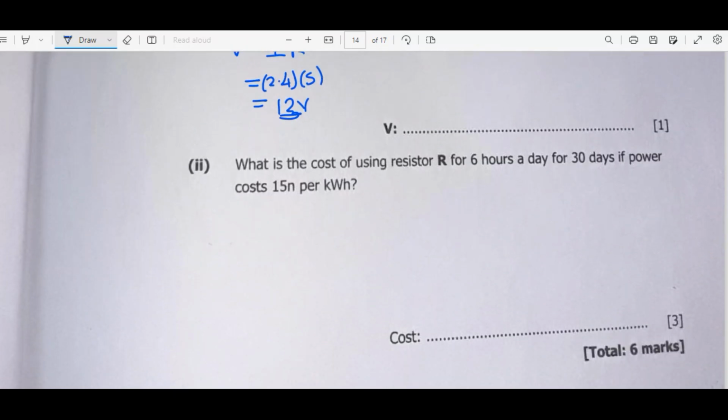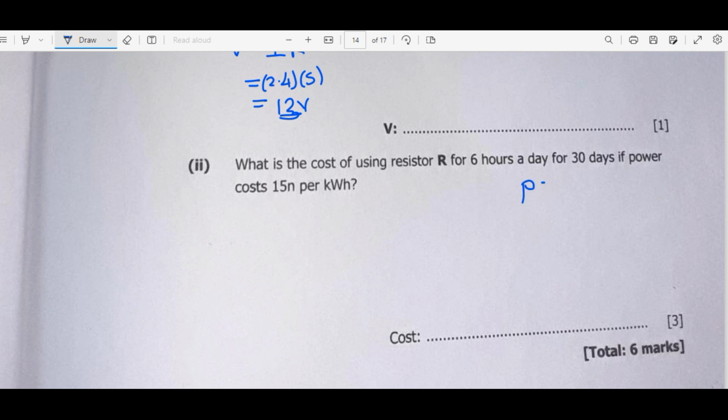Then for Roman number 2, what is the cost of using resistor R for 6 hours a day for 30 days if power costs 15 ngwee per kilowatt? So we need to find the power first.